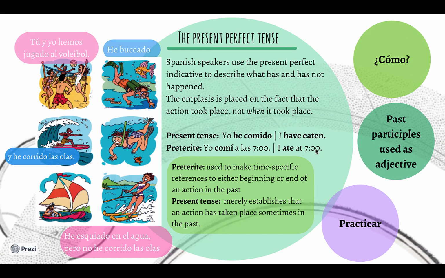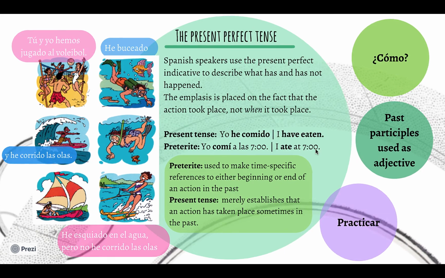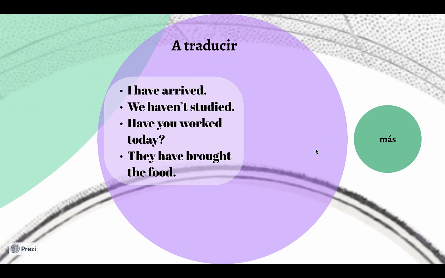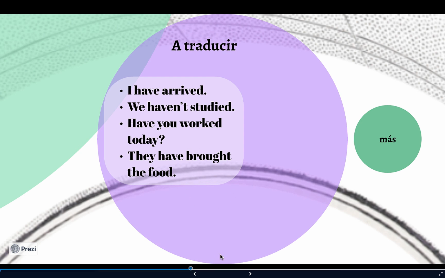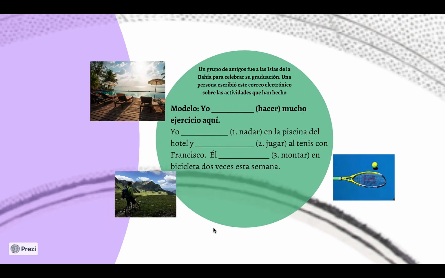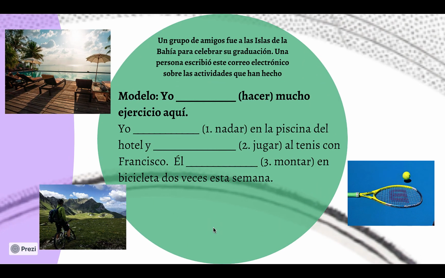Okay, a practicar. Vamos a traducir. You can pause here and take a few minutes to translate these phrases into Spanish. And in the meantime, un grupo de amigos fue a las islas de la bahía para celebrar su graduación.